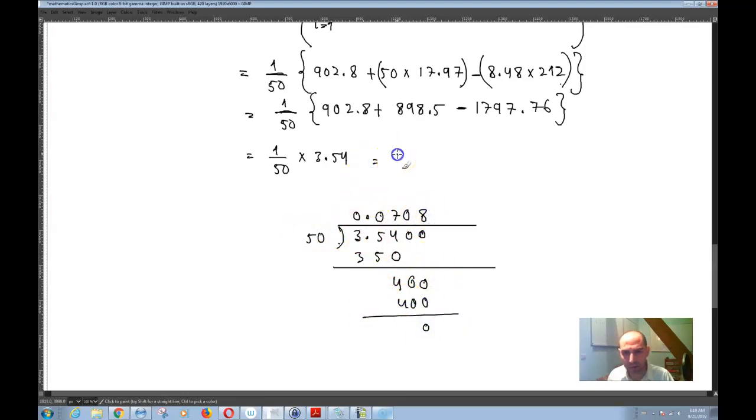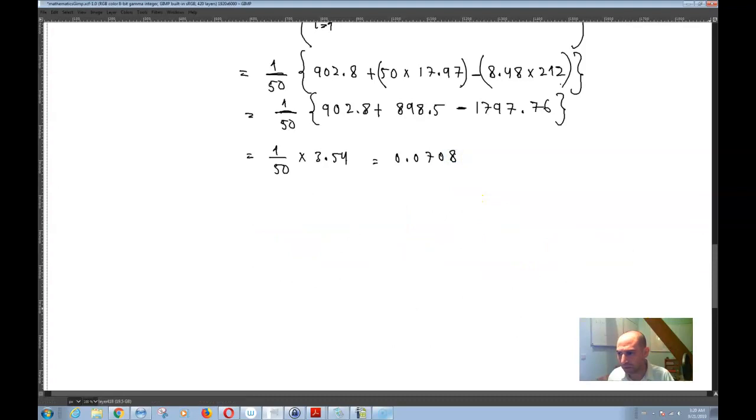That's the same thing as 0.0708. That is your variance, so sigma squared is equal to 0.0708, which is your variance. Now, of course you can leave it here as well, but you have to find the standard deviation.